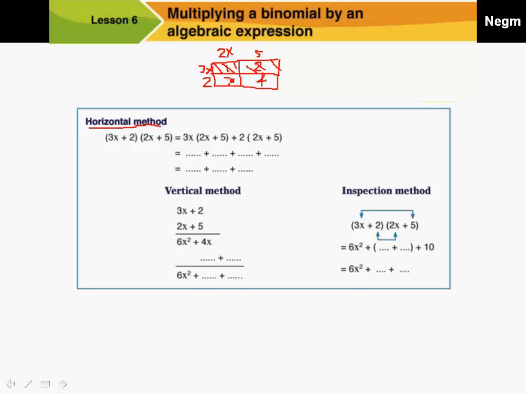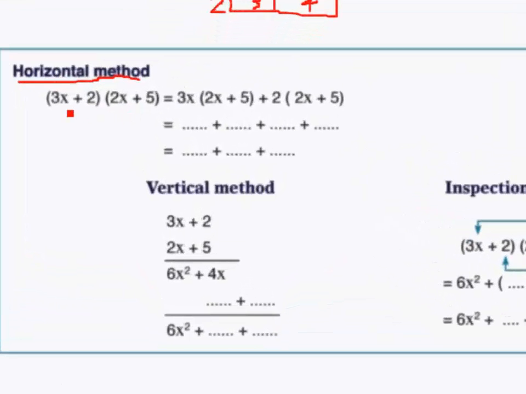And the summation of the area of these 4 regions is the multiplication of these two binomials. Or take 3x multiplied by this binomial plus 2 times the binomial. Here we have 3x multiplied by 2x is 6x squared. 3x times plus 5 is plus 15x.